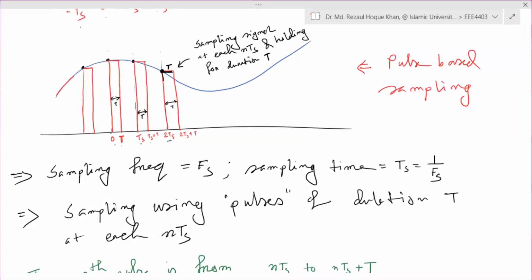That's why this mechanism, amplitude modulation, is also called sample and hold.